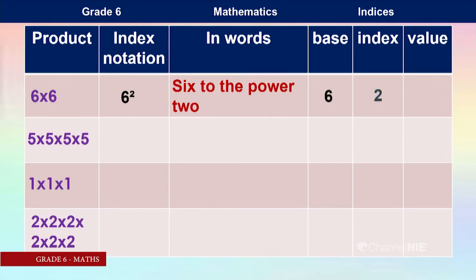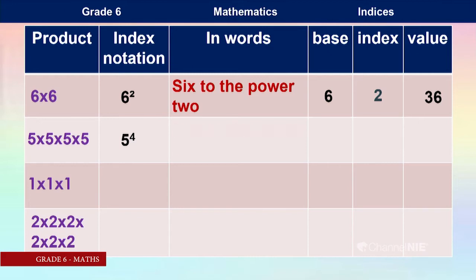Then tell me what is the value here? 6, you have to multiply it again by 6. 6 into 6 is 36. Then next one, you can see 5 has multiplied by 5 and again 5. Here, how to write this using index notation? Count how many 5s are there. 1, 2, 3, 4. Then you can write 5 to the power 4.